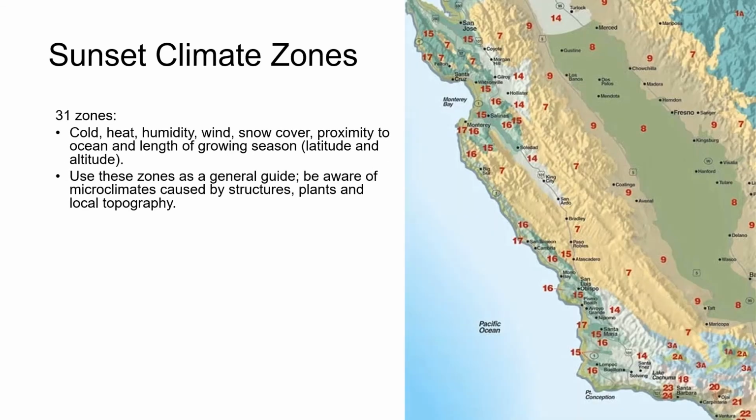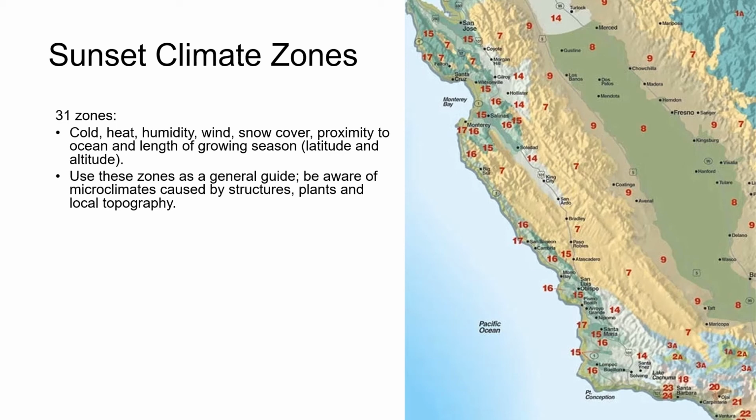The most widely recognized system in the western states is the Sunset Climate Zone system, which has 31 zones covering all of the mountain states from Alberta in the north in Canada to New Mexico in the south, and all states west of the Rockies, plus Alaska and Hawaii.